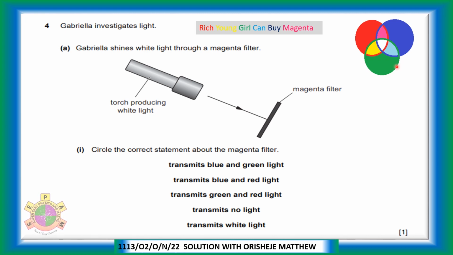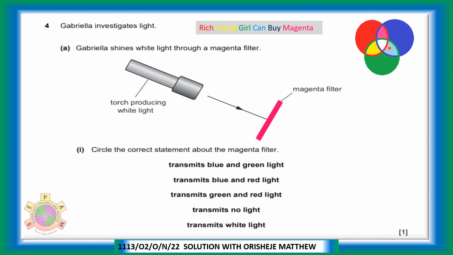We are given the magenta filter. This magenta filter will allow the colors that combine together to form magenta to pass through. So blue can pass through and red can pass through. A yellow filter will allow red and green to pass through.